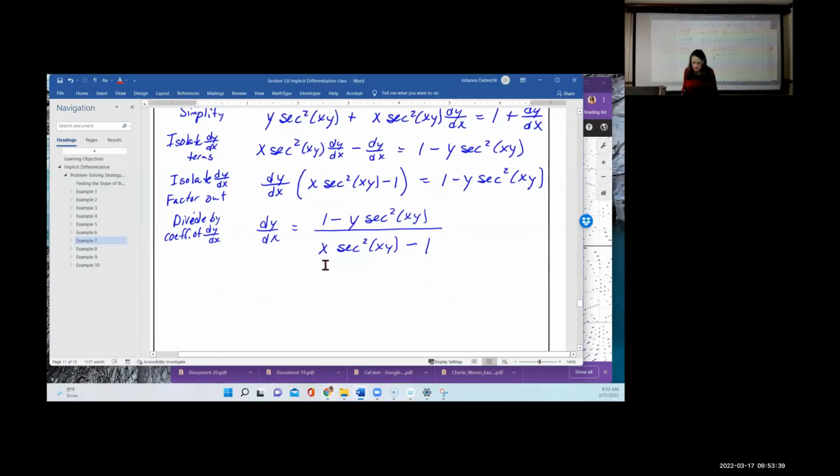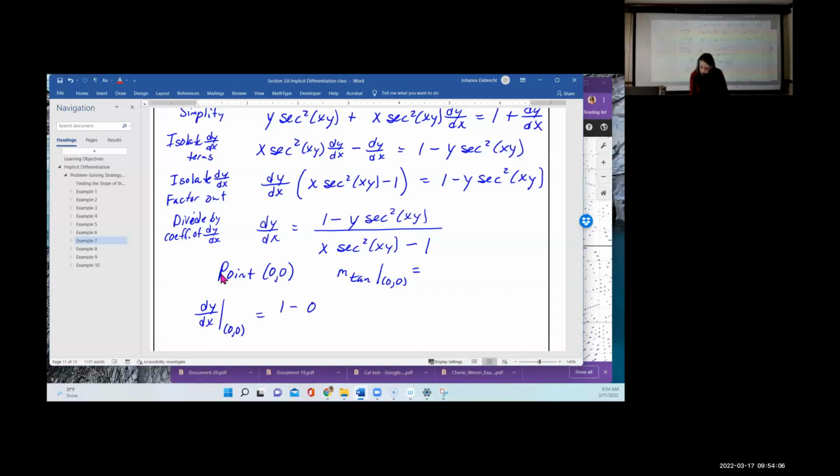Let's take a look now at finding the equation of the tangent line at the origin. So we have our point, which is (0, 0). It was given to us. And now we need the slope of the tangent line at that point. So we take the derivative formula and we replace x with 0 and y with 0.